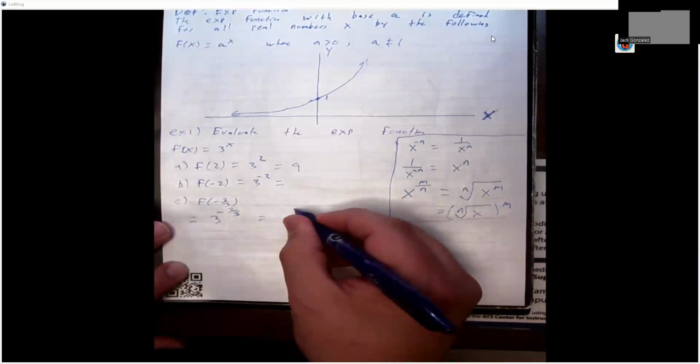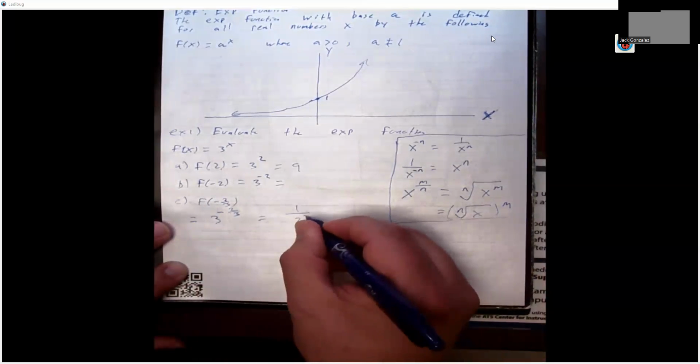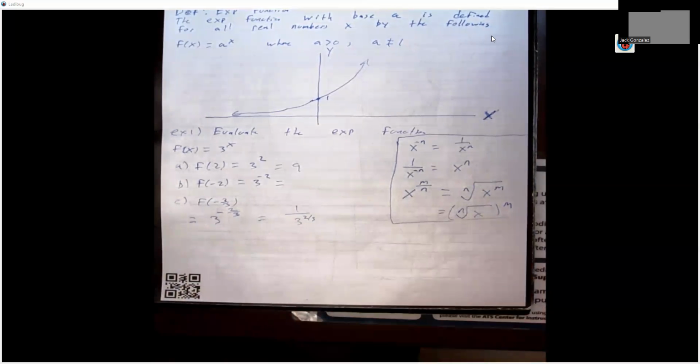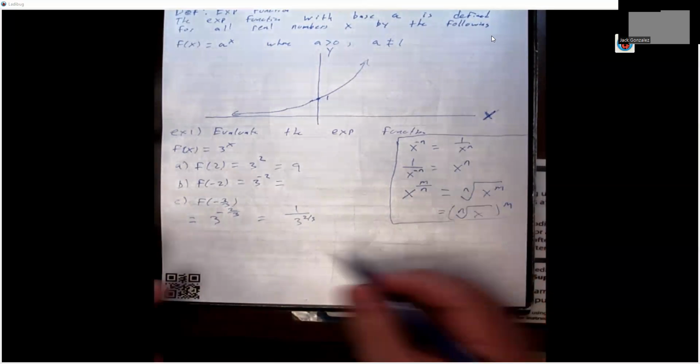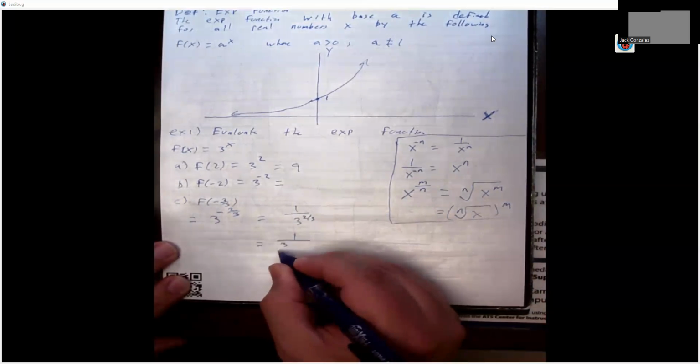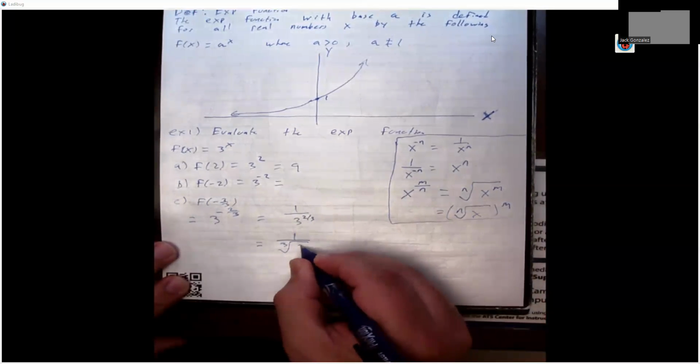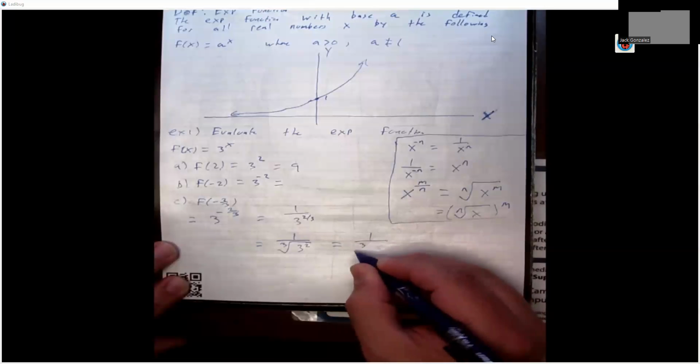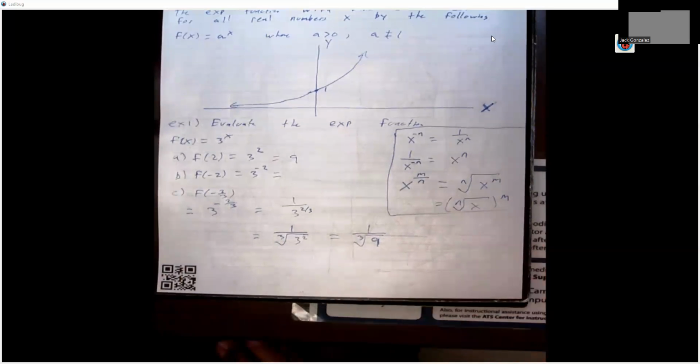Since it is negative, we said you can just bring it to the bottom, right? I dealt with the negative power. Then you can apply these rules here. And that becomes 1 over the cube root of 3 squared, which is the same as 1 over the cube root of 9. Does that make sense?